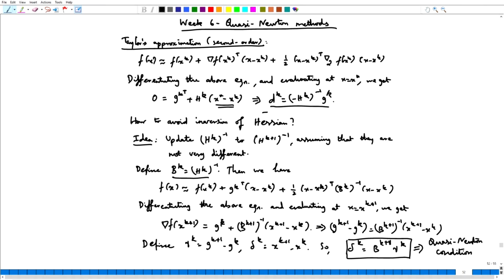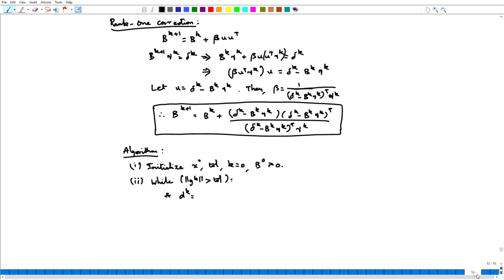But now we are considering B k as H k inverse, so it has to be minus B k g k, since H k inverse is B k. So, this d k should be minus B k g k. Okay. And you can choose alpha k by any line search algorithm.